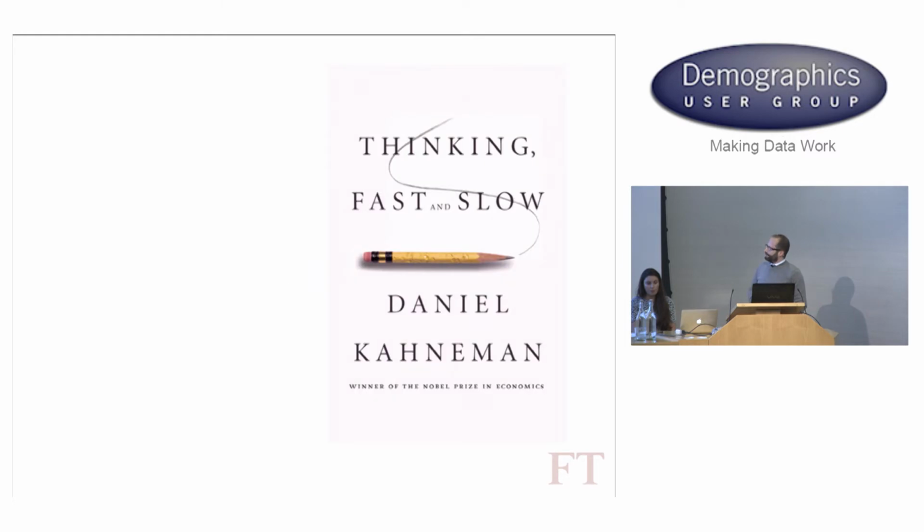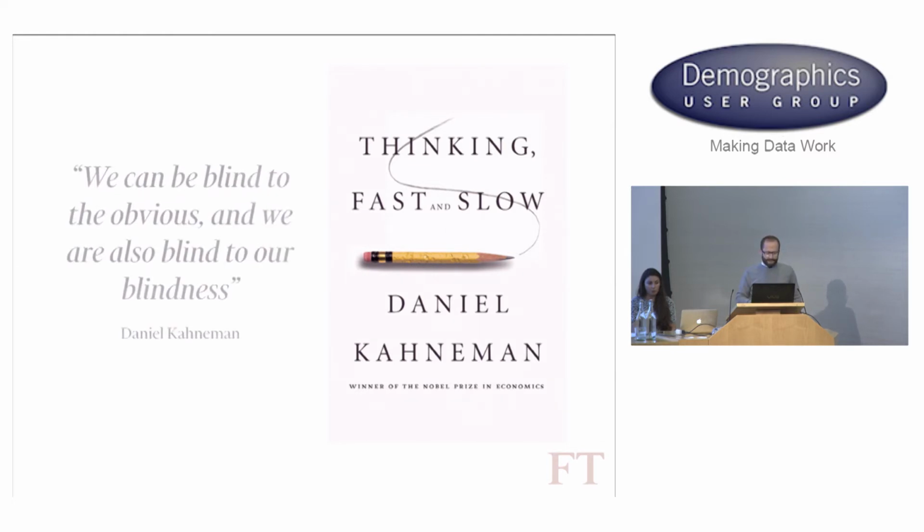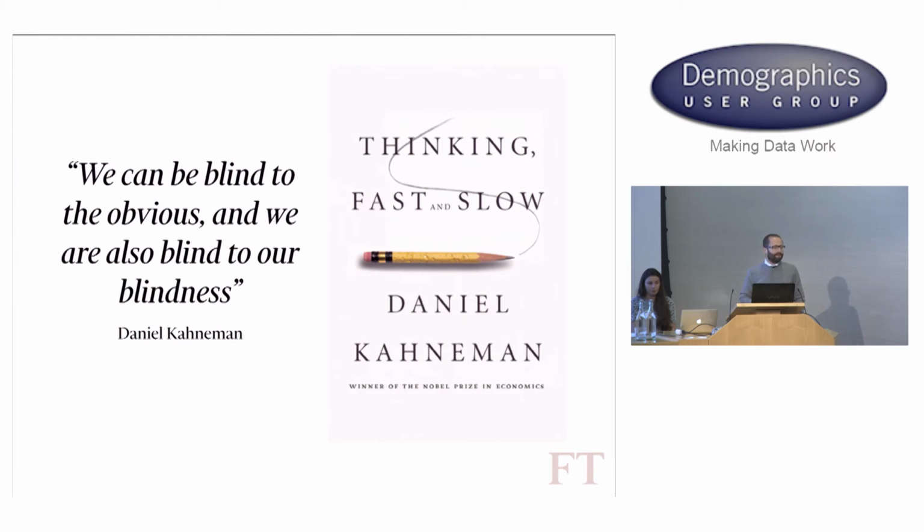One of the things I had a lot of fun with in my last year at ONS was reading Daniel Kahneman's book. People are pretty terrible intuitive statisticians. And actually, if you're producing and publishing statistics, you should be aware that you're not publishing to a blank page of people who didn't previously have any ideas about this topic, and now you've published it and now they do.